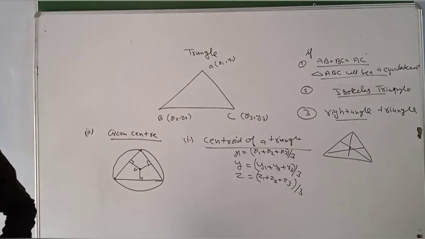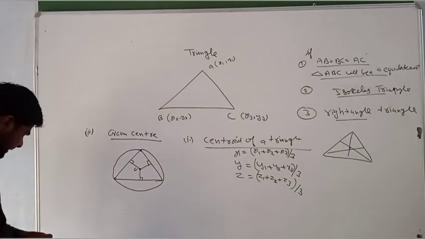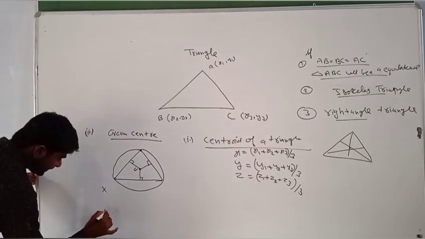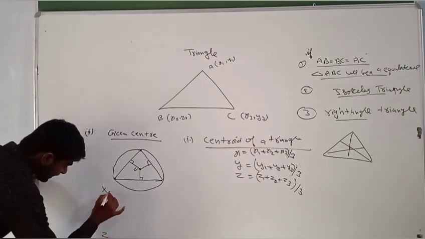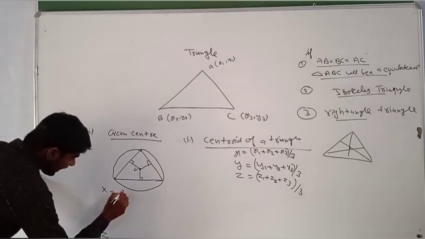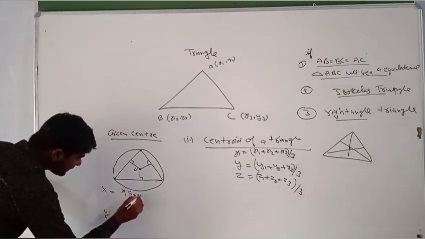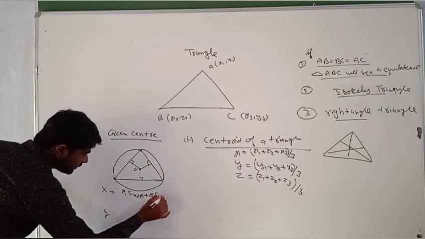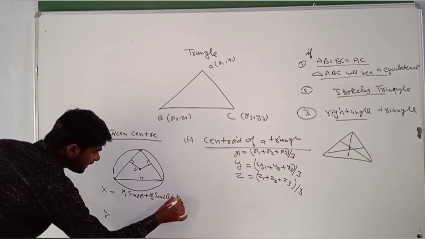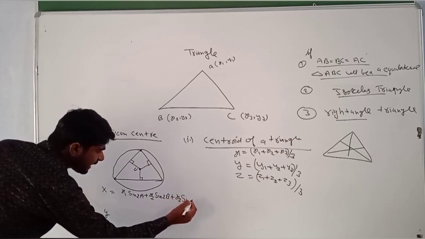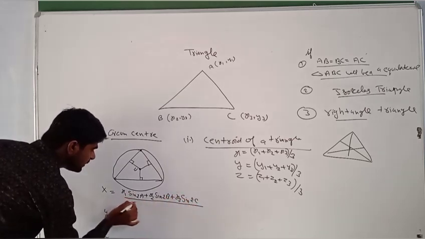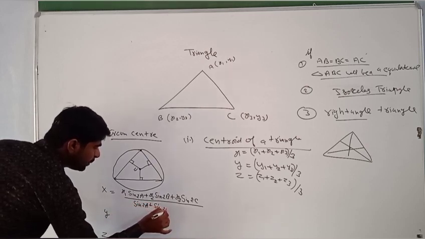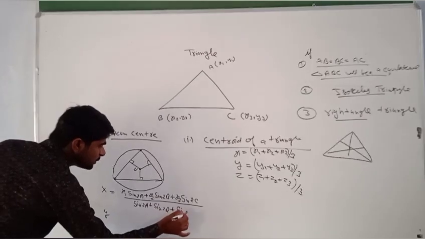The formula for circumcenter x, y and z: x will be x1 sin 2A plus x2 sin 2B plus x3 sin 2C upon sin 2A plus sin 2B plus sin 2C.